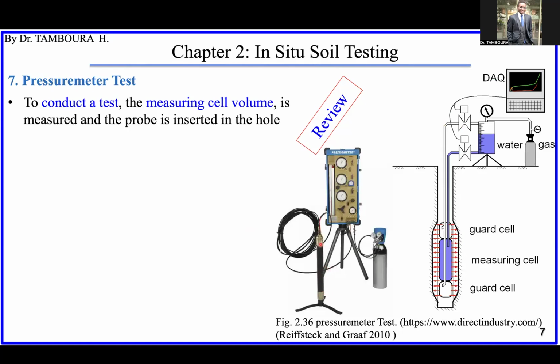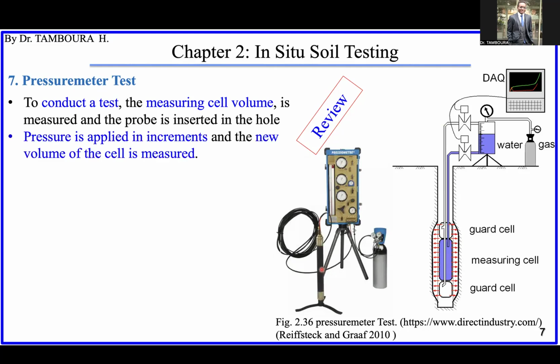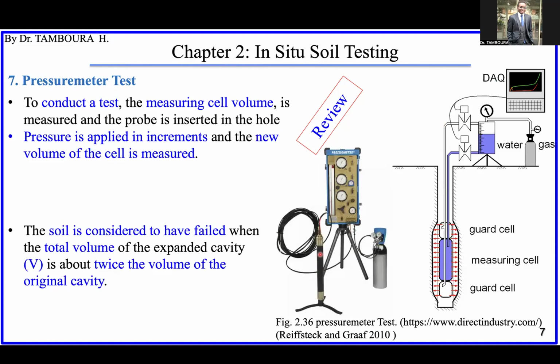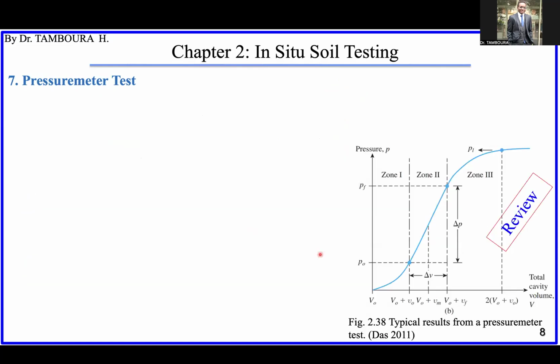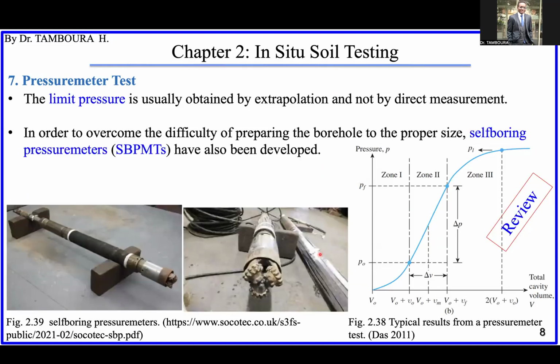This part of the device is like inflating, and you measure the pressure and volume or diameter of this. You also have another type that can make the hole itself, self-boring.